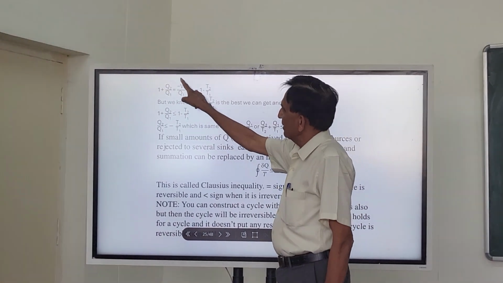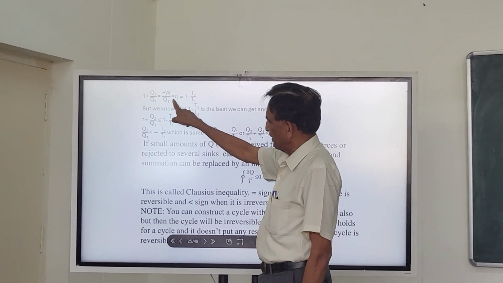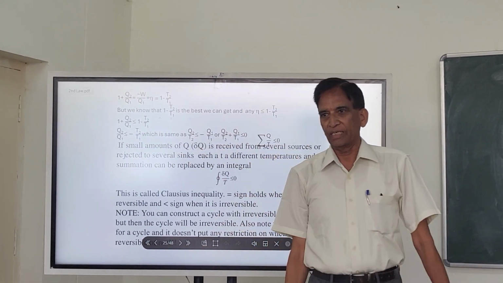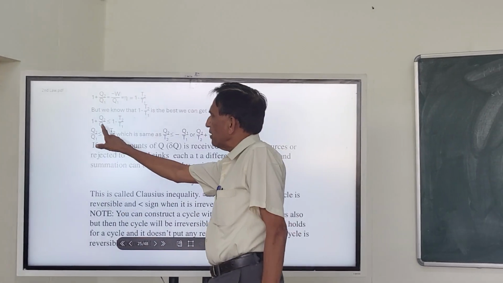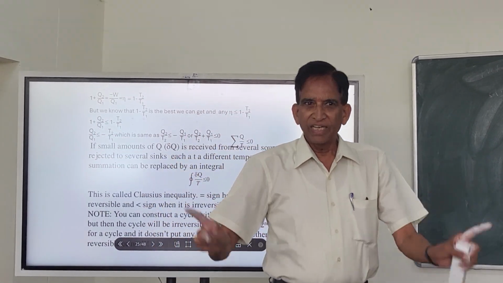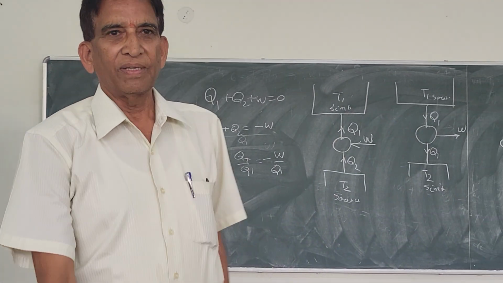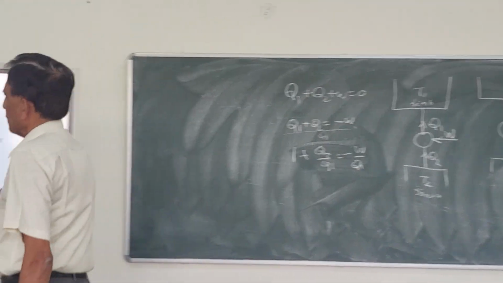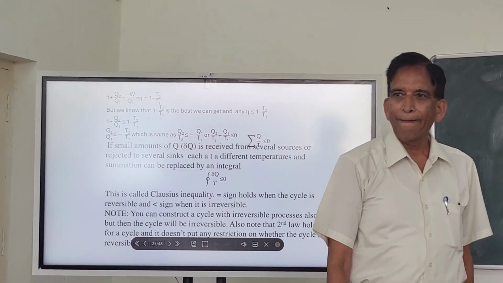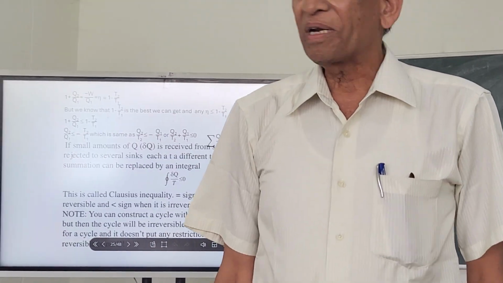Is that the 1 plus Q1 by Q2? We said that if it is a completely reversible, efficient engine, it will be equal to, and if it is not, it will be less than or equal to. So from here it is quite simple. You subtract 1 from both of them. So what do we get? Q2 by Q1 should be less than or equal to minus T2 by T1. Come on, guys and girls.